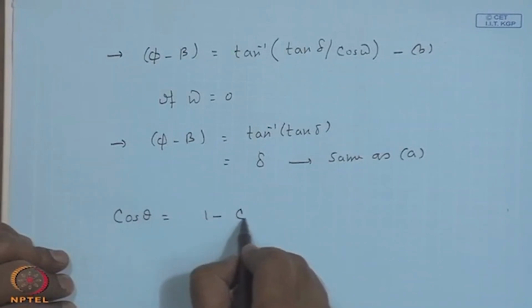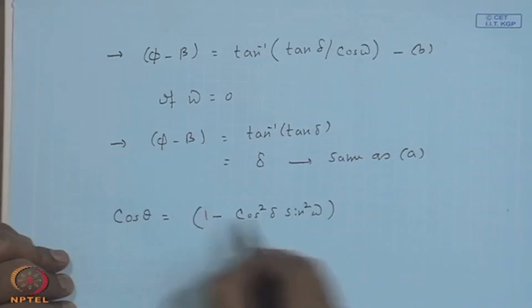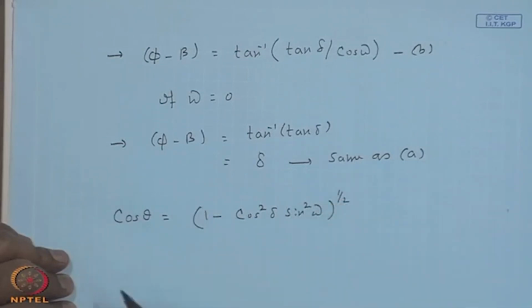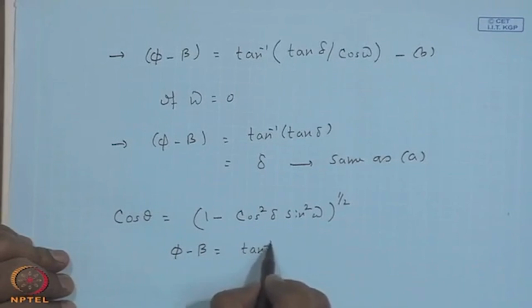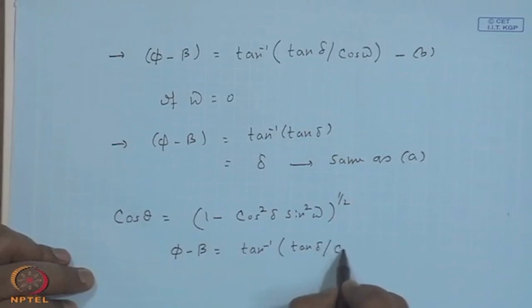So, if you substitute in that, now I will get my expression for cos theta as 1 minus cos squared delta sin squared omega, whole to the power 1/2, right. So, again we have to mention phi minus beta is tan inverse of tan delta by cos omega.